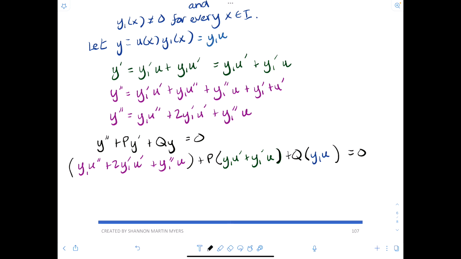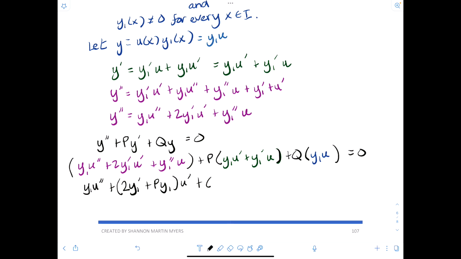Matching up the u higher order derivative coefficients, we'll have y1 u double prime plus 2y1 prime, now I'm looking for the u primes, plus p y1, that's times u prime, and now the coefficients to the u terms.